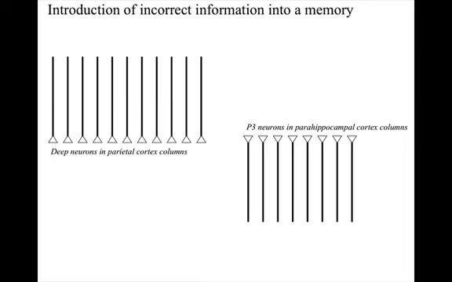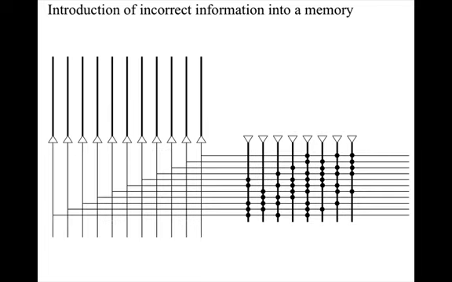So let's have a look at this at a bit more detailed level. On the left, there's a bunch of neurons from the deep layers 5 and 6, coming from a range of columns in the parietal cortex. On the right, there's a bunch of P3 population neurons from a range of columns in the parahippocampal cortex, and the dendritic trees are all simplified down to one branch for illustration purposes.